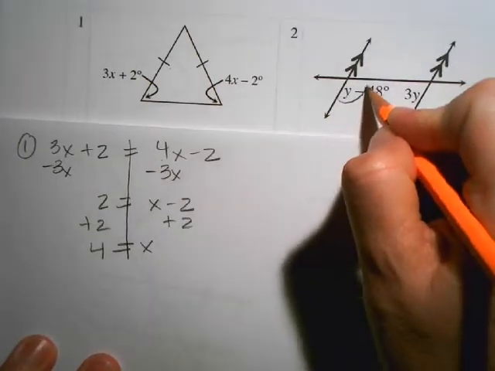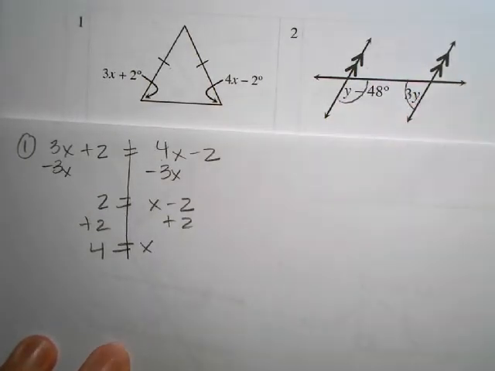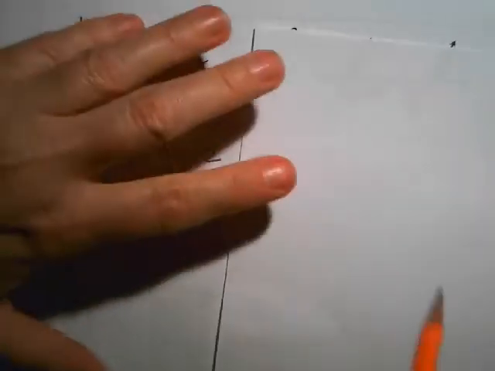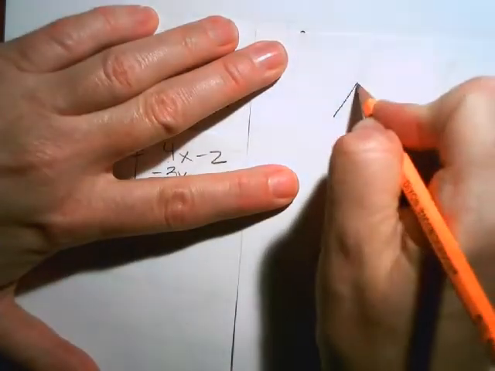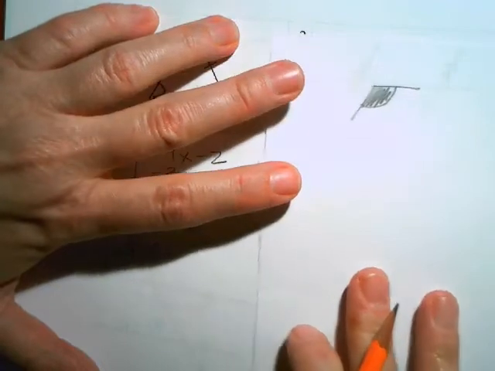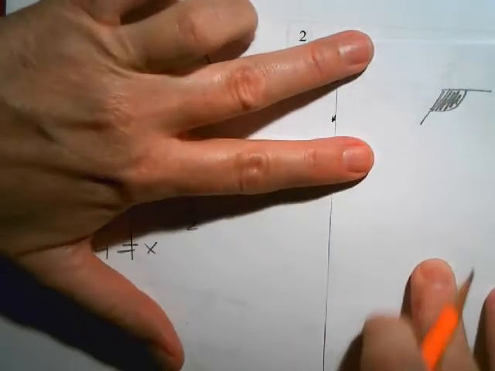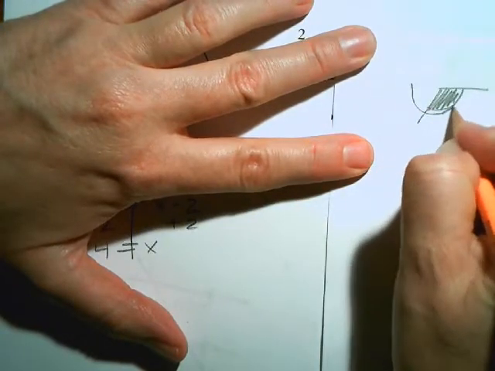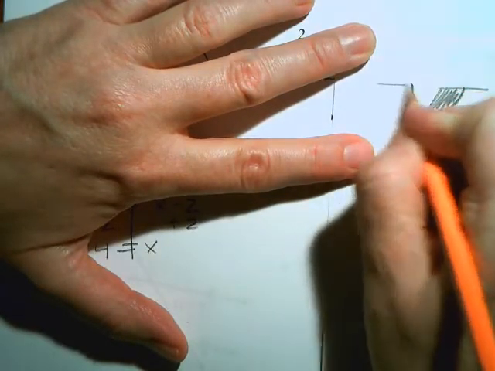Okay, number 2, I have parallel lines. These two angles will not be equal to each other. If I trace this angle and slide it down the transversal and look at the angle underneath it, those two angles add up to 180.